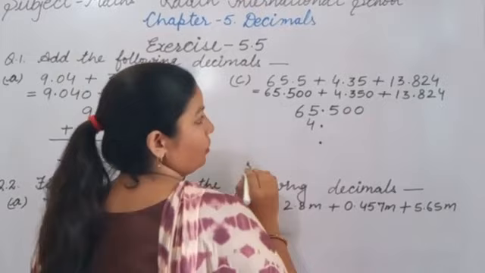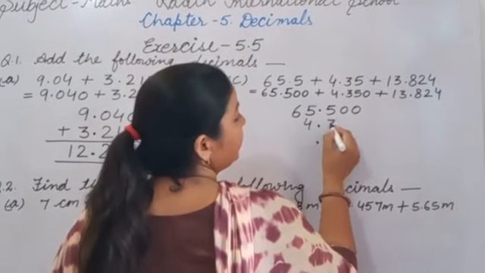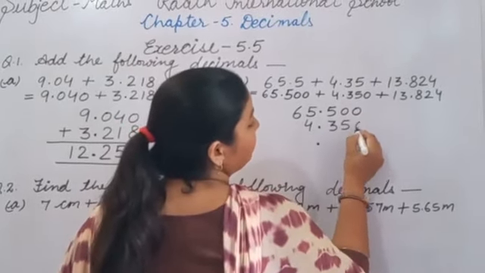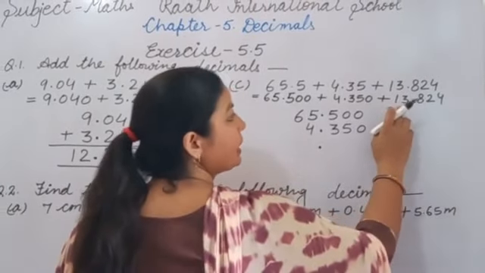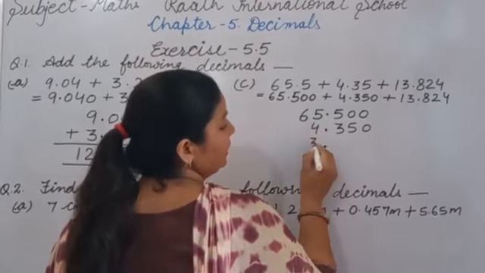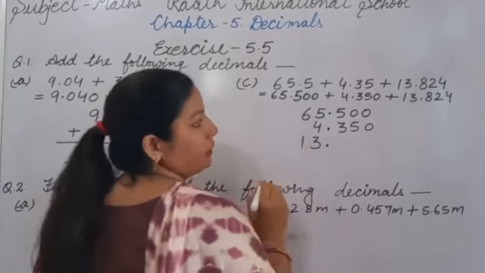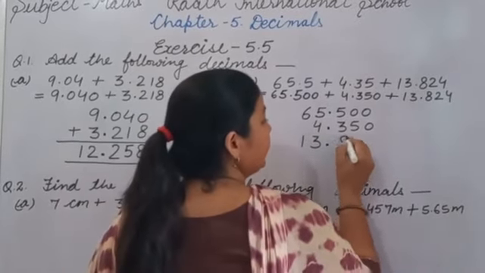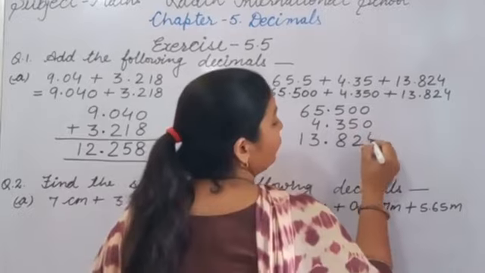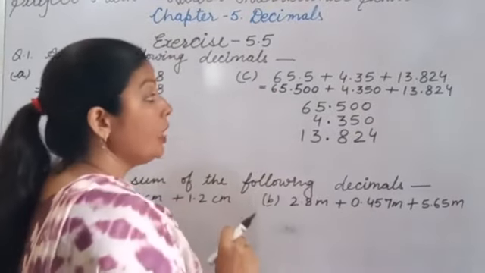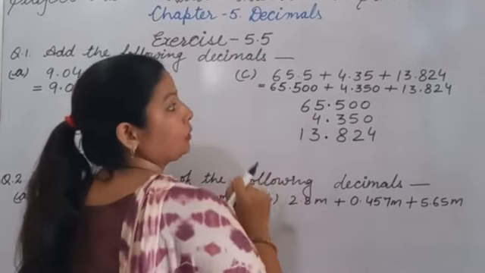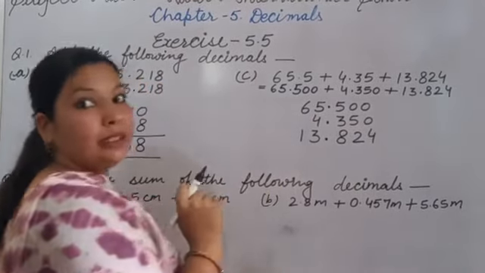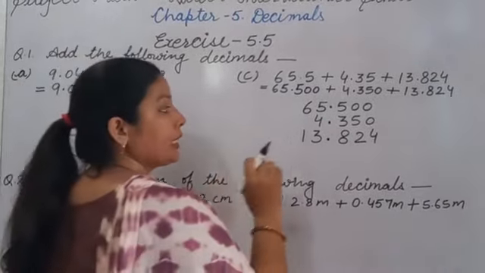There is no tens column. Then 0.350. And in third number we have 13. There is ones and tens column. In ones column 3, in tens column 1. 13.824. Okay. If you do not take care of the decimals, you will shift them forward or backward, and that will be wrong. So take care about that.